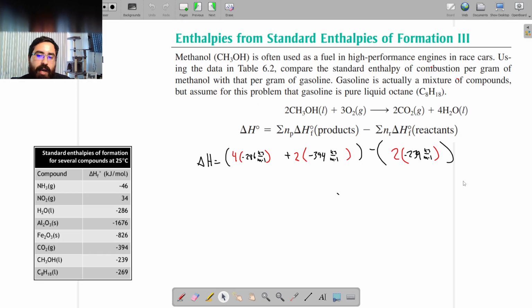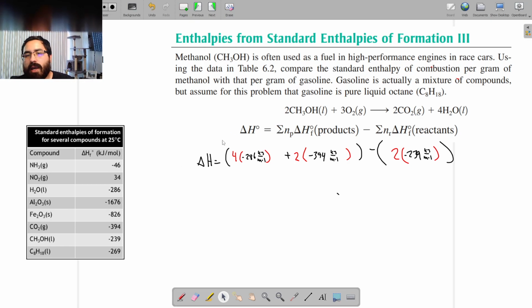Now, in problem number 2, I wrote some stuff out just for the sake of time because this problem is a little bit longer. So let's check it out. Methanol is often used as a fuel in a high-performance engine in race cars. Using the data in table 6.2, compare the standard enthalpy of combustion per gram of methanol with that of per gram of gasoline.